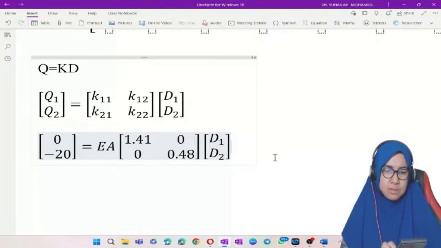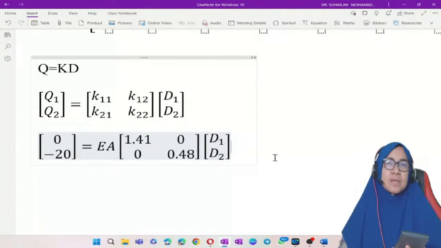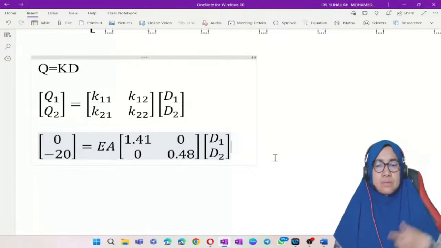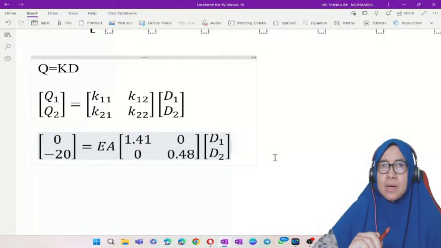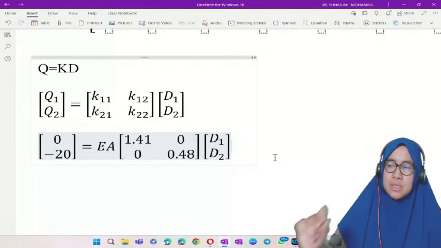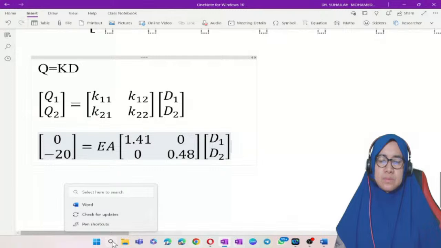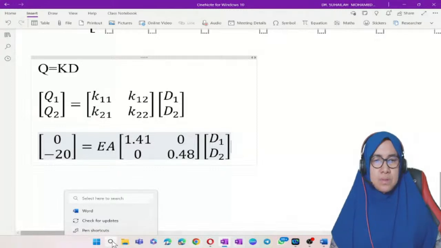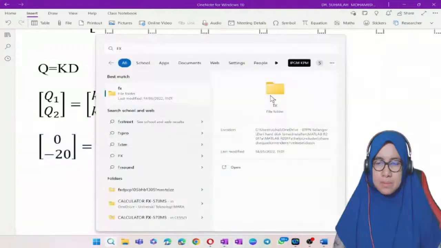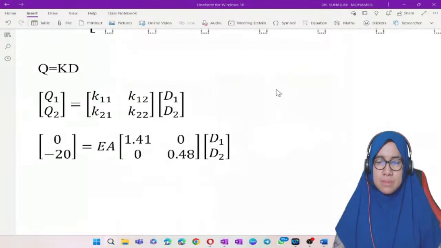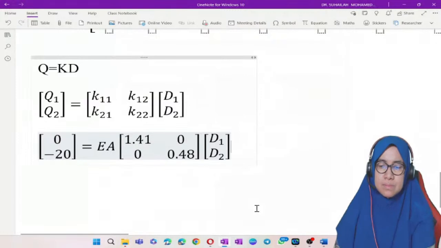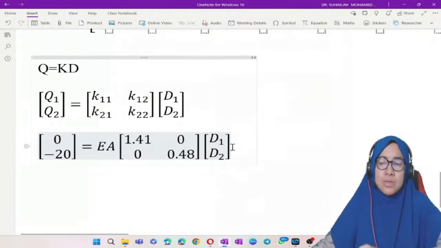Okay, let me check first. To insert into the calculator, we have to choose an equation. It doesn't matter which.